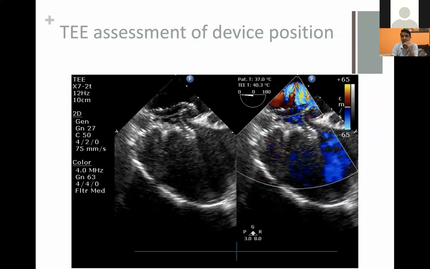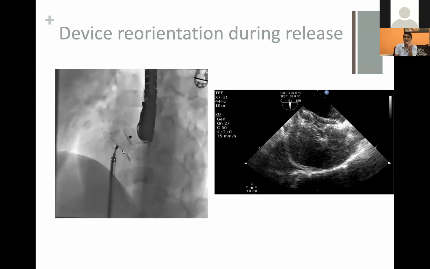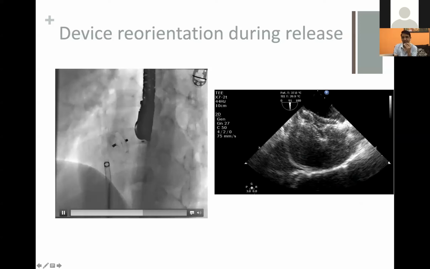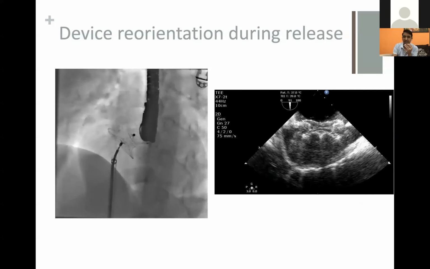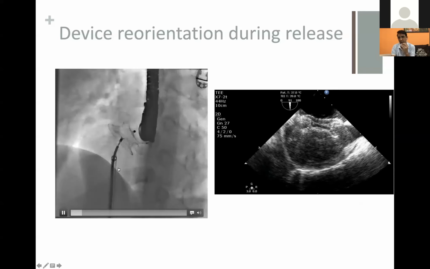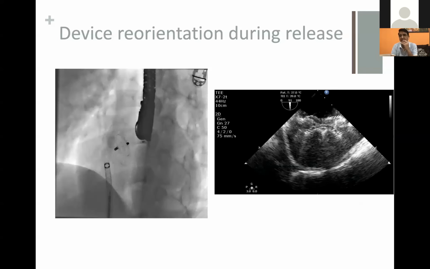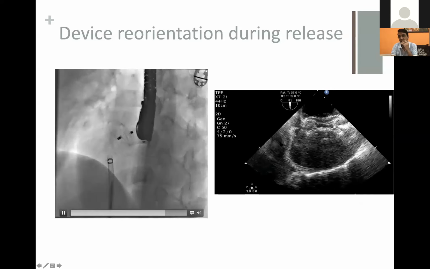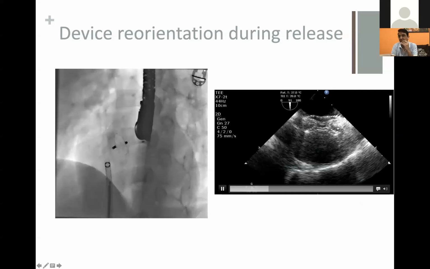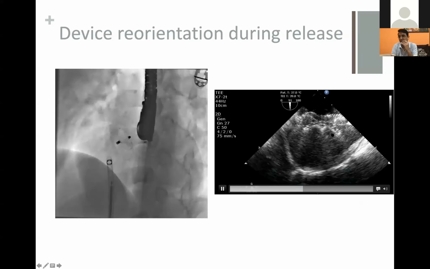Now, this is one thing I just wanted to emphasize, this is my personal thought, that for the beginners, this gives quite a bit of heart-skipping moments for all of us who start in the lab. But these kinds of movements are expected because of the type of device which we have and the attachment of the cable. And as you would see here, some of these orientations become much better once we release these devices.